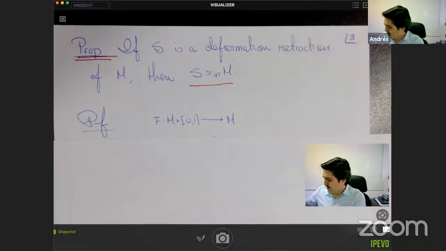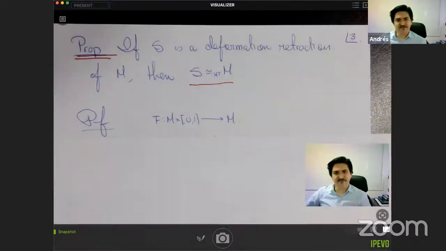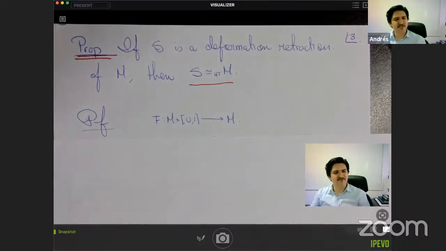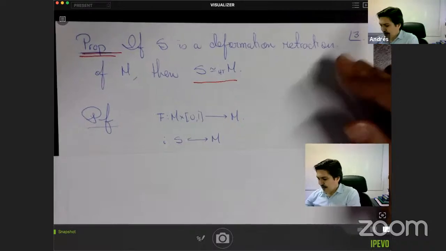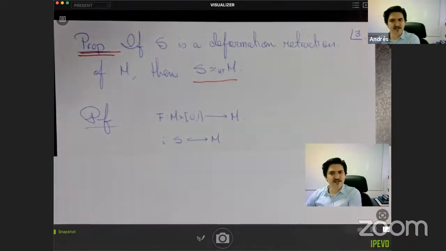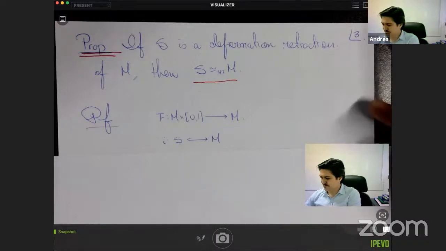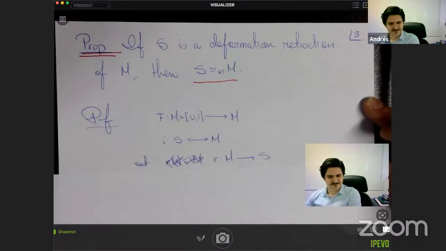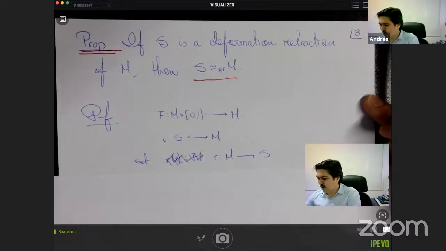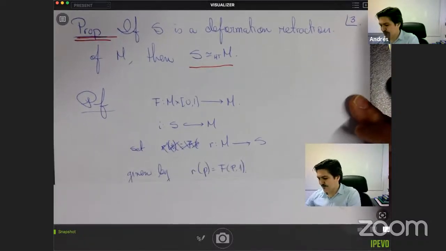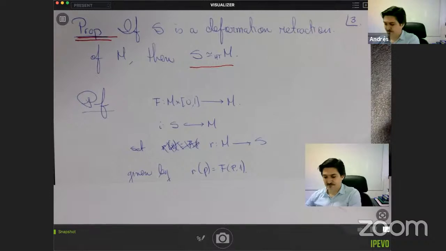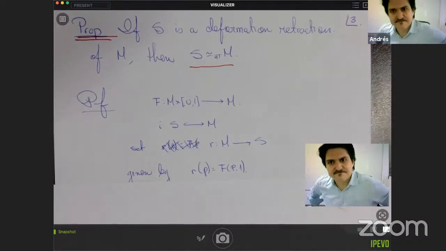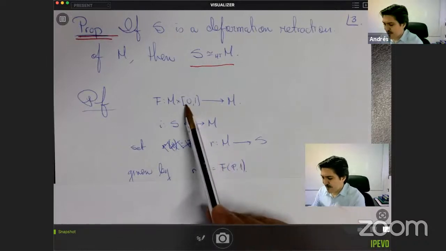So we have the map F that comes from the hypothesis, right? We know that F is smooth and satisfies the three conditions. So I'm going to call I the inclusion of the submanifold. And I'm going to call R this map, okay? This map at time 1.